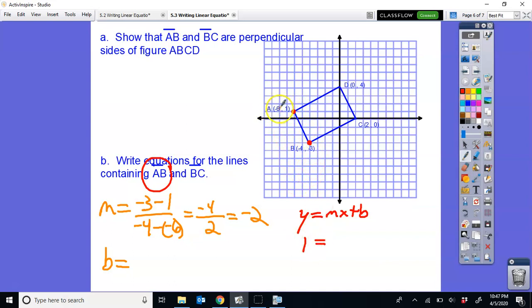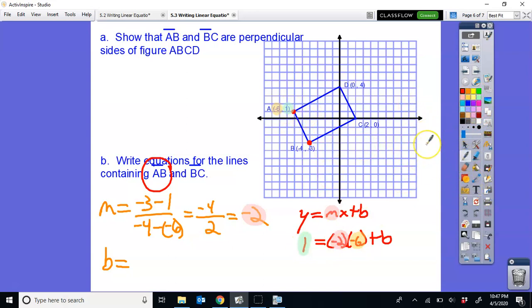And then I'm going to use my x value of -6. My m that I found was -2. So I'm going to show you what I did again. My m, my slope, is -2. My x value is -6 from the point. My y value is 1 from the point.